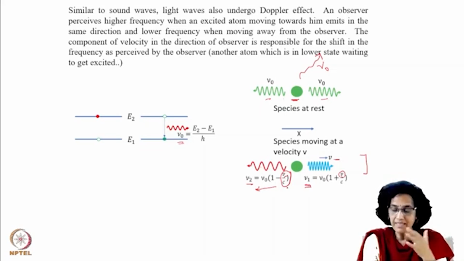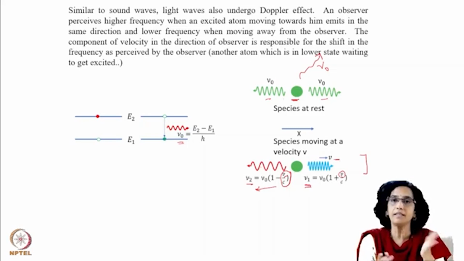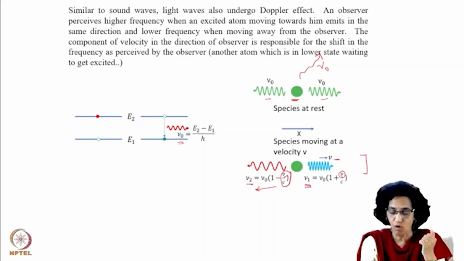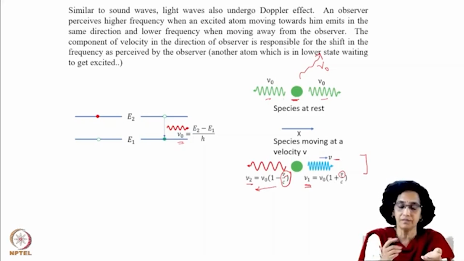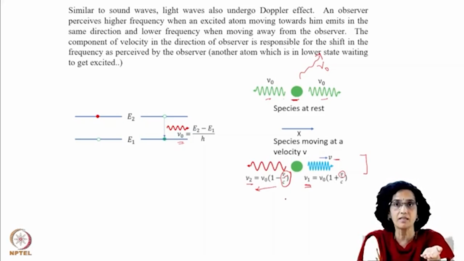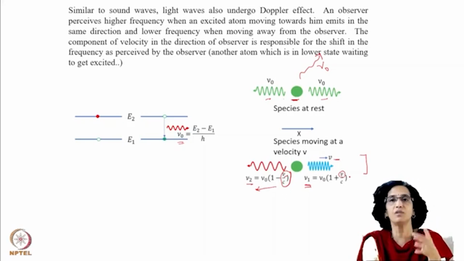So basically, there is either a red shift or a blue shift of the frequency of emission as perceived by the observer, depending on the relative motion of the emitter, which here is the molecule, and the observer, which will be another molecule there to absorb it.